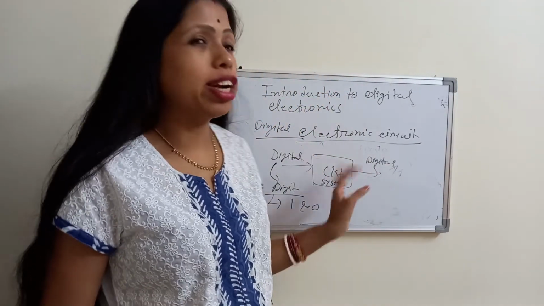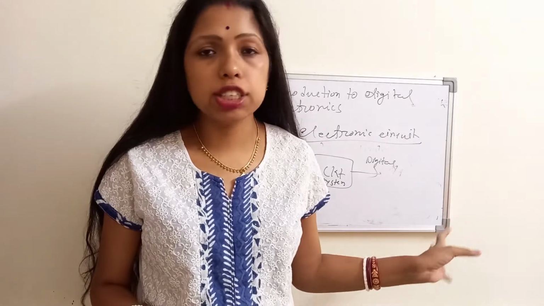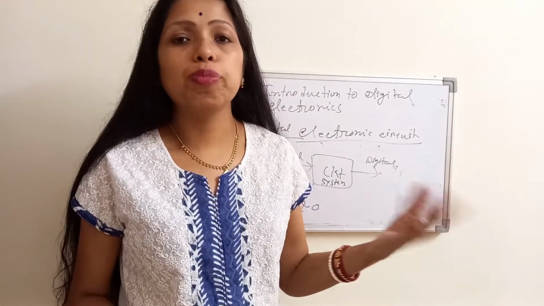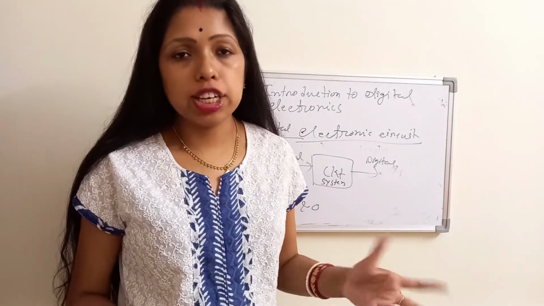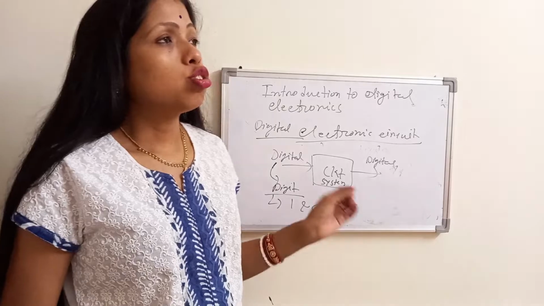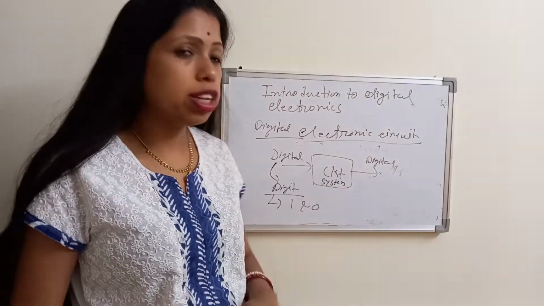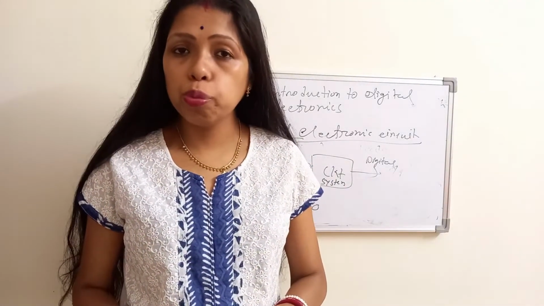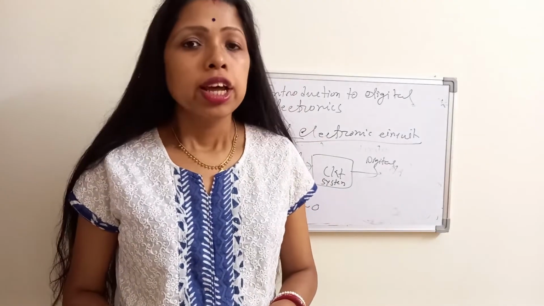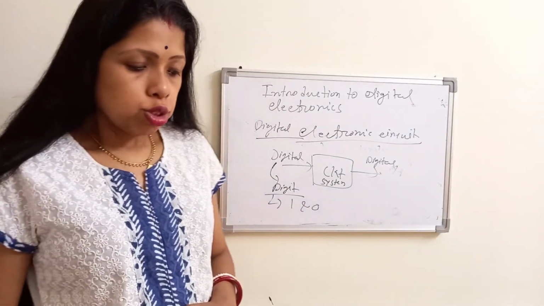Inside the circuit, resistance, capacitance, and diode are there to do manipulation, modification, or rectification. The information sent inside the device should be in digital form in the case of a digital electronic circuit.